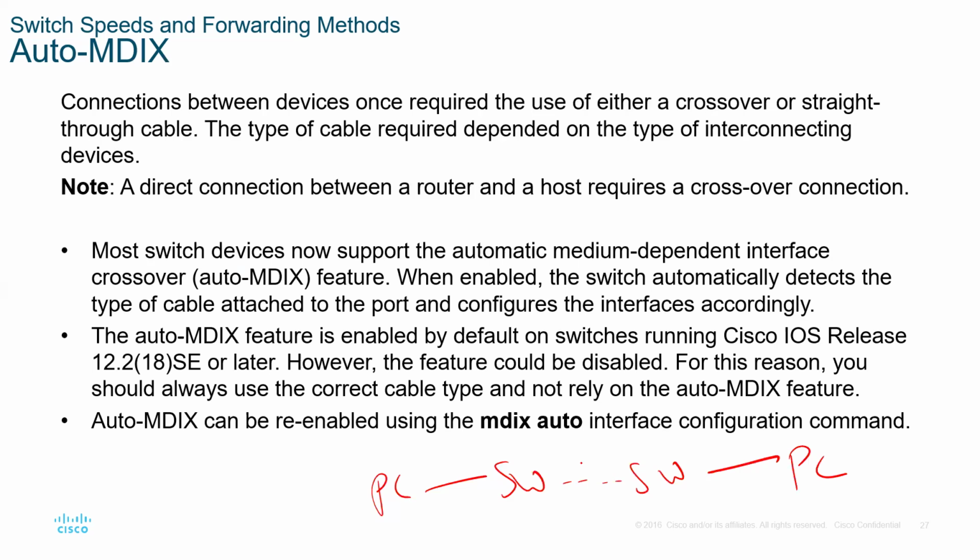But with the introduction of auto MDX, the automatic medium dependent interface crossover feature, the auto MDX can automatically detect the type of cable connected, then adjust the internal wiring to ensure we have proper communication regardless of the cable type.